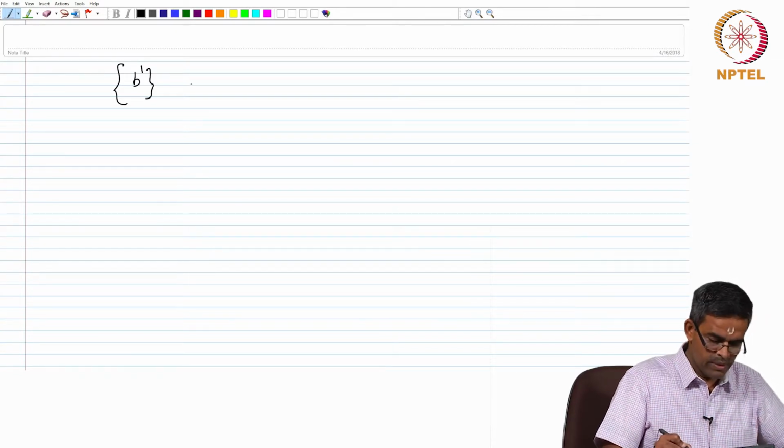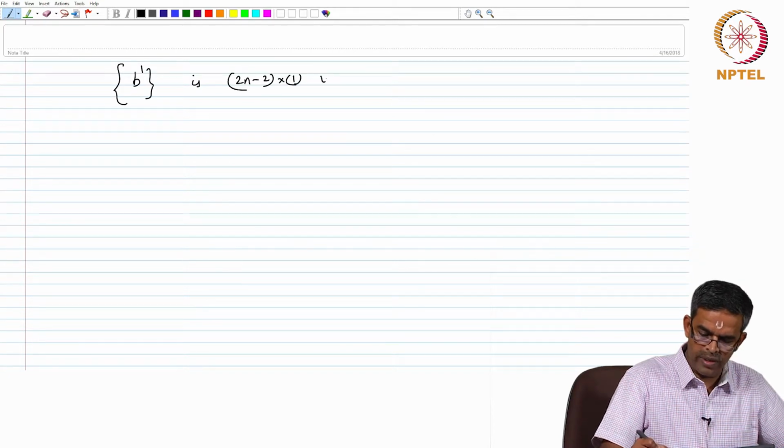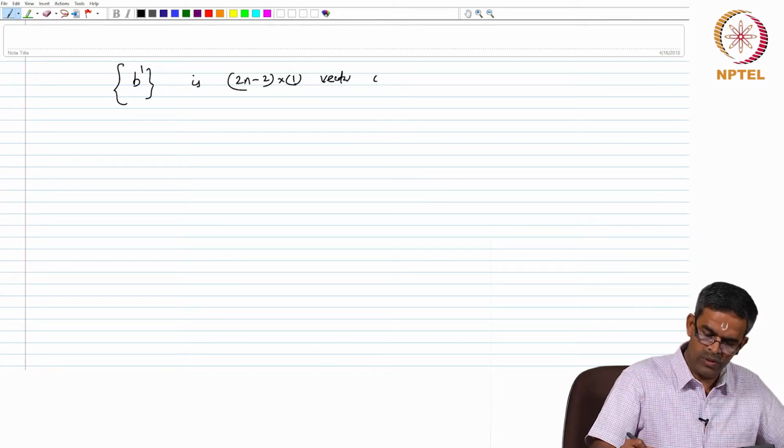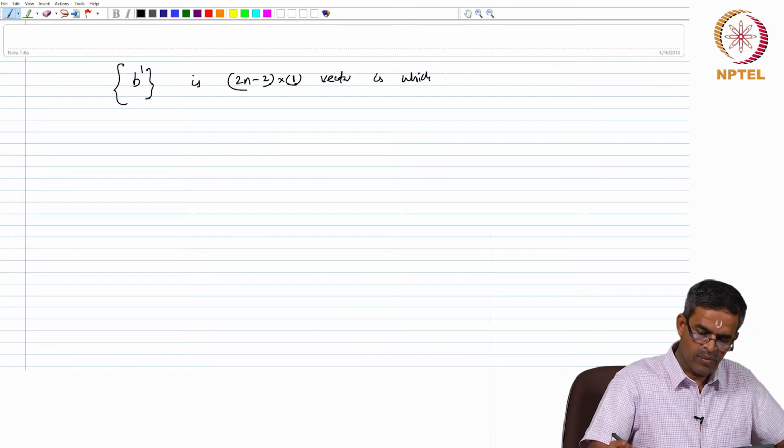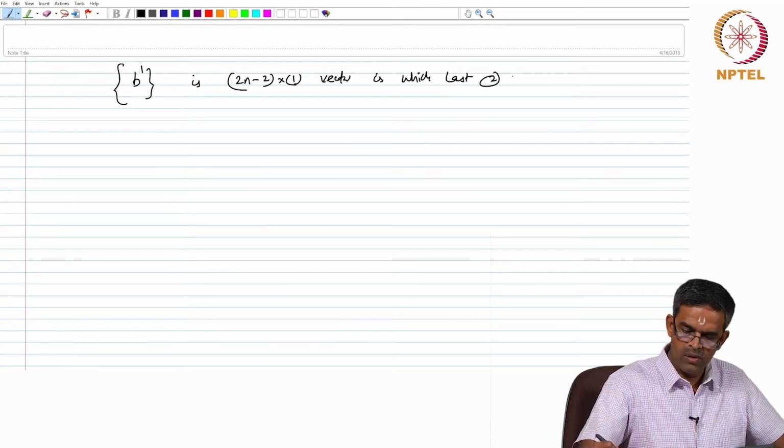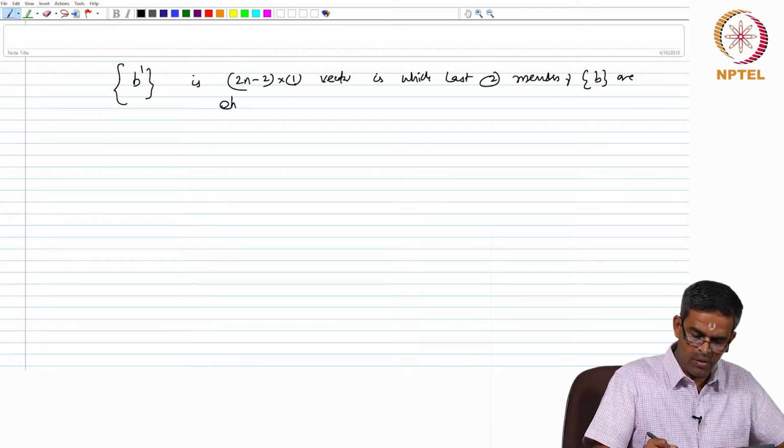B dash is 2n minus 2 by 1 vector, in which last two members of B vector are eliminated.